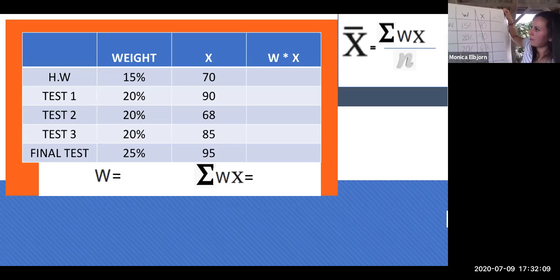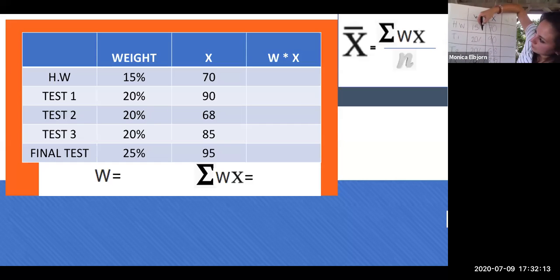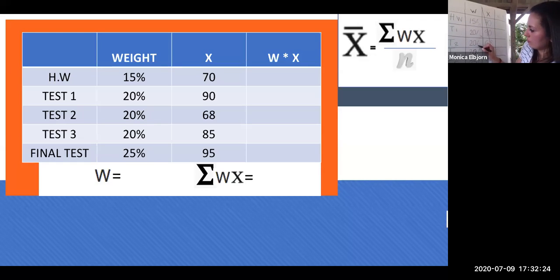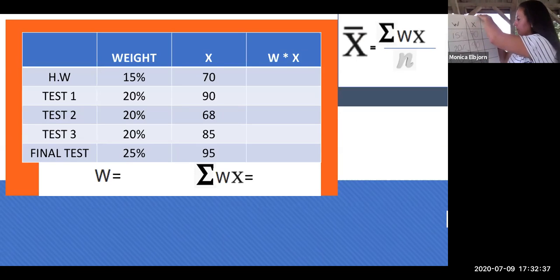So can someone help me with multiplying? We're going to multiply 0.15 times 70, and then 0.20 times 90, and then 0.20 times 80, and 0.25 times 95. 10.5, very good for the first one.